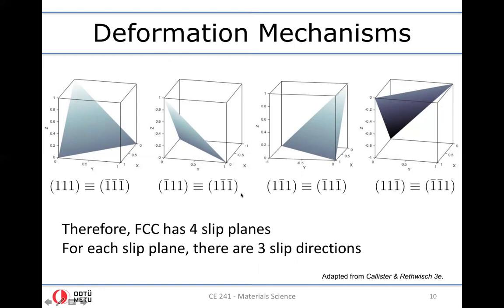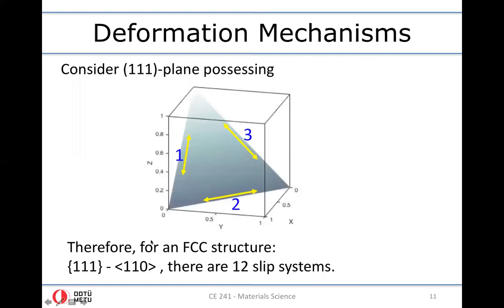So in FCC, we have 4 slip planes, all right? And for each slip plane, we have 3 directions of slip. For example, on this plane, you can have slip in this direction, or this direction, or this direction. So 4 times 3 makes essentially 12 slip systems for FCC metals.